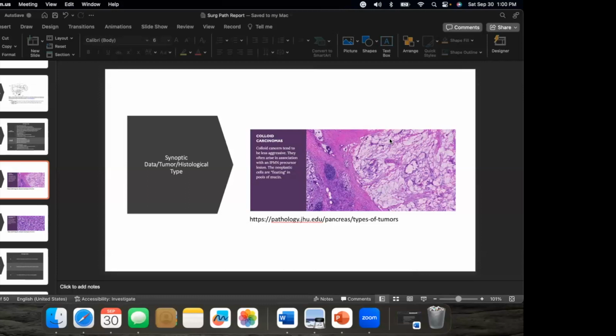It also depends on what the intent is: whether this is for a clinical trial, whether they want to add more chemotherapy, or whether they want to confirm a distant metastasis or not. So it really depends on what the clinical question is and what the objective is, whether it's a primary diagnosis of pancreatic cancer, to determine if your patient is eligible for clinical trials, or to confirm a metastasis.